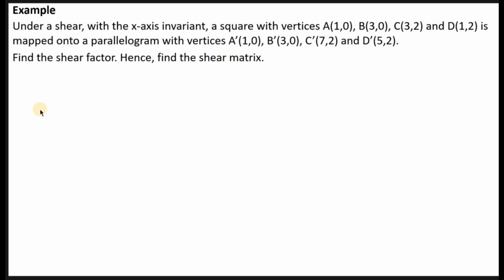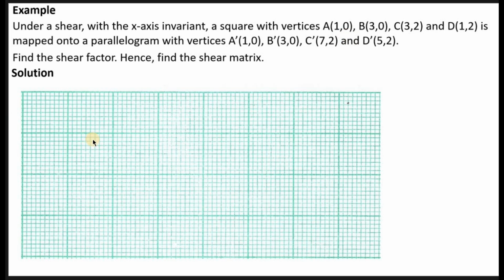So solution. To help us, we must first plot this to see which line it went parallel to. So we will get the Cartesian plane and plot nicely, putting all the points.